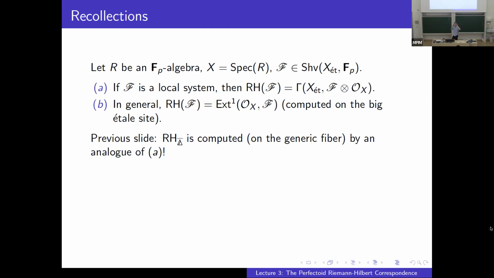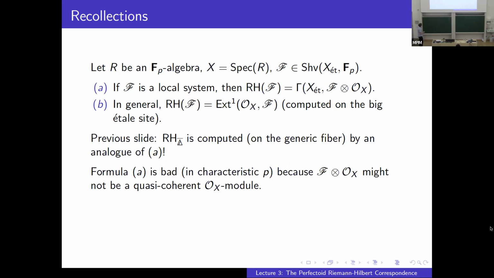And therefore, replacing that sheaf by its global sections is not going to lose any information. But if F is not a local system, then this sheaf will typically not be quasi-coherent. And it's not something that you expect to be able to recover from its global sections. In fact, you might expect there to be no global sections at all. So that's why you want to avoid formula A.